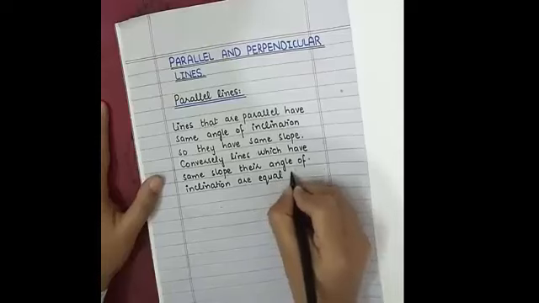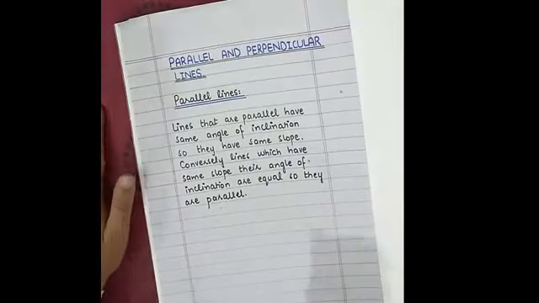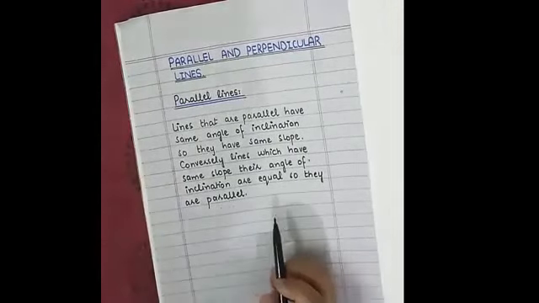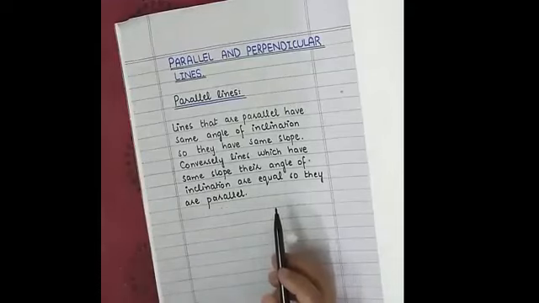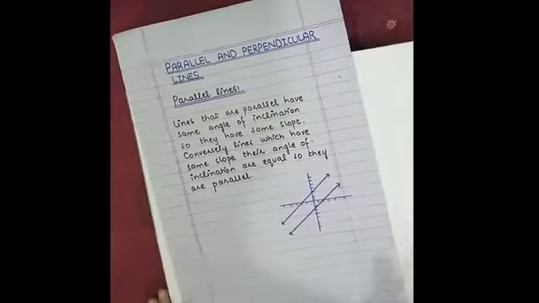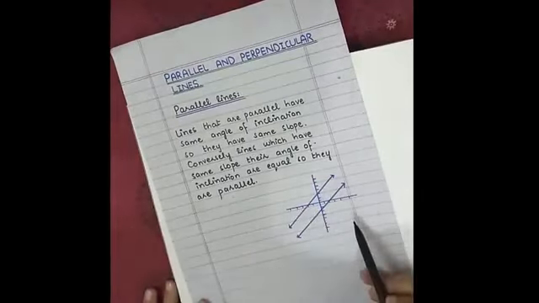So they are parallel. So what do we infer? Two lines are said to be parallel if they have the same angle of inclination and also their slopes are the same. Like we have this diagram.